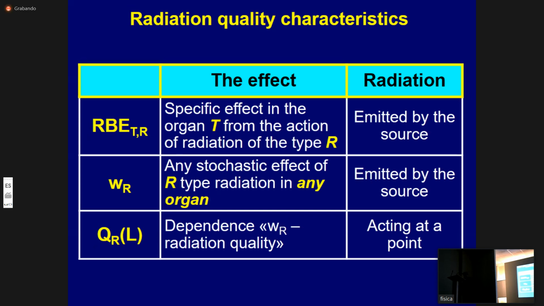And relative to the third coefficient, the main area of application of this radiation quality factor is the monitoring of external radiation fields. Therefore, it is defined as a function of the measured radiation quality factor. It's LET.